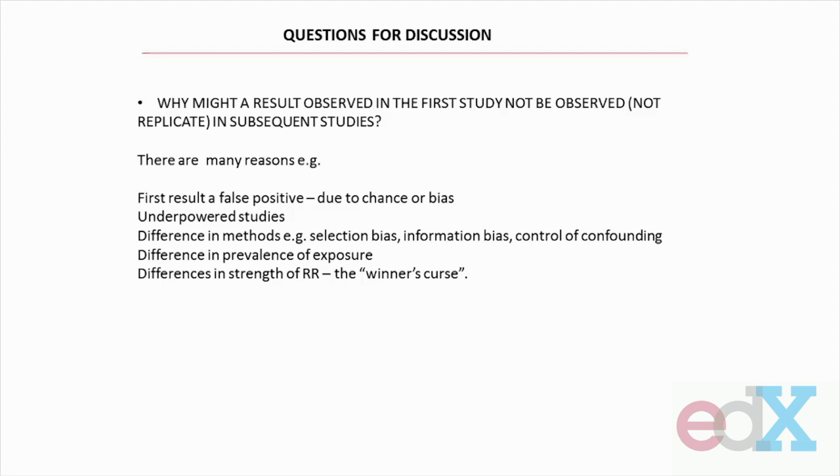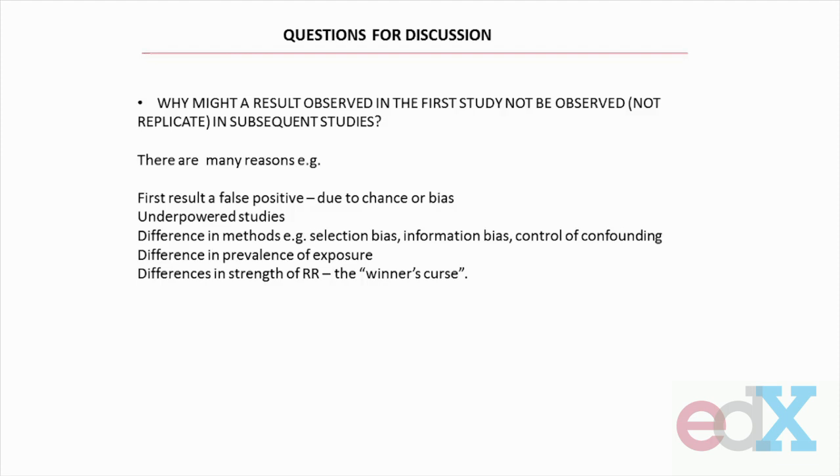Finally, in addition to the concept that you do or don't observe an association, a plus-minus dichotomous outcome, the strengths of relative risk can vary. So even if you do observe the association, the degree of association or the degree of positive result can vary. And there's an interesting phenomenon, sometimes called the winner's curse, that can come into play particularly in studies where you're examining a very, very large number of associations.